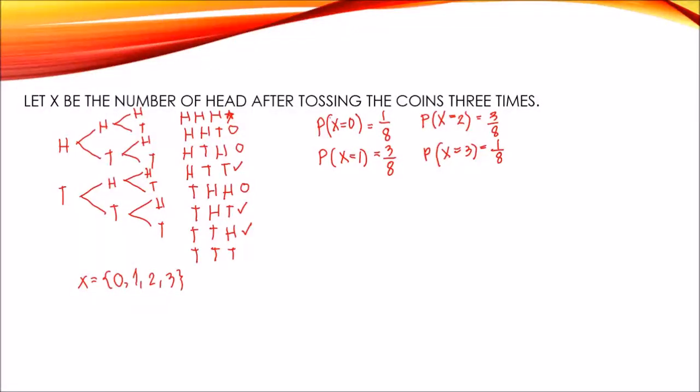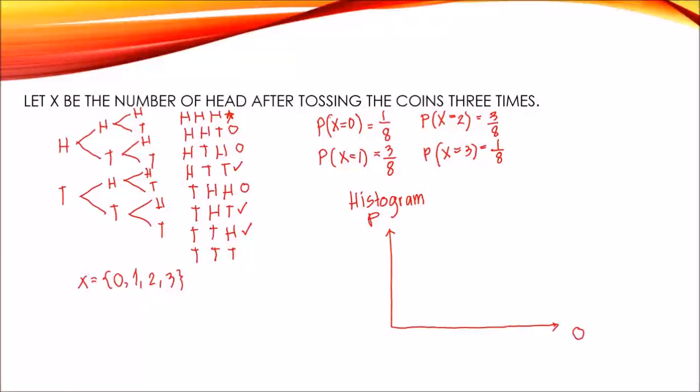So let's plot it in a histogram. This is our probability, and this is our number of outcomes.